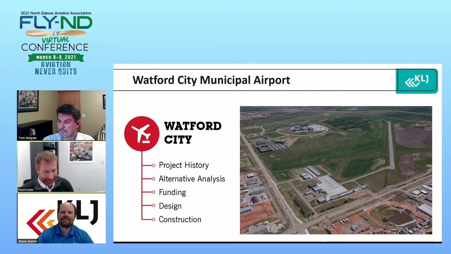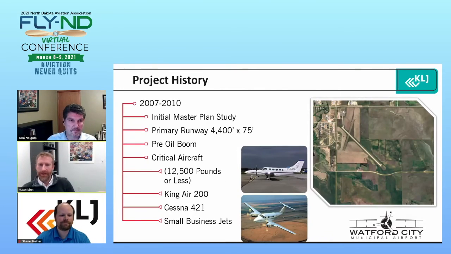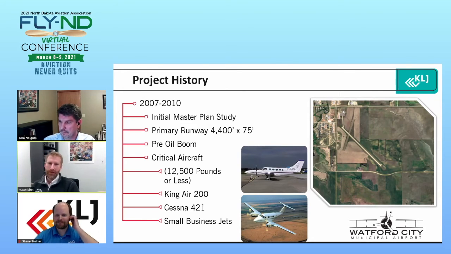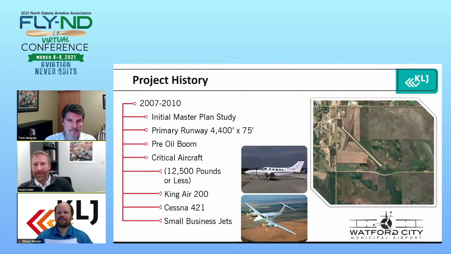Well, thanks, Shane. And Tom, go ahead and pop over to the next slide. I will take us back in a time machine to Watford City 2007. The prior master plan study was just getting going. The oil boom was not occurring yet.